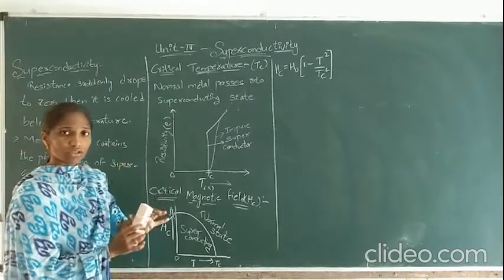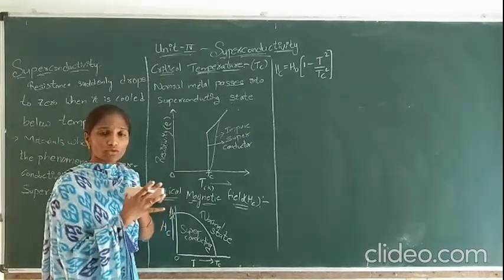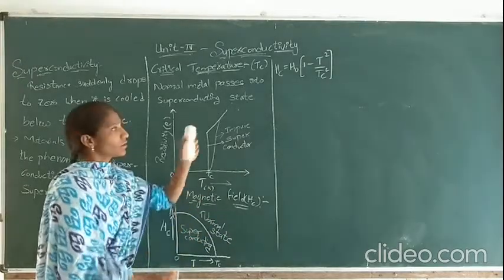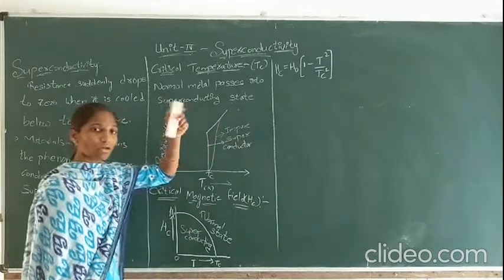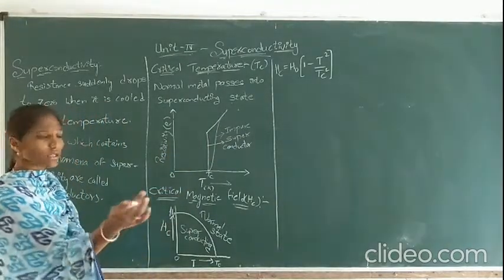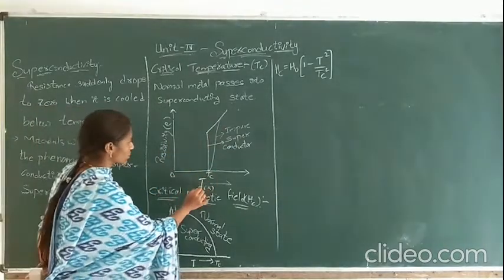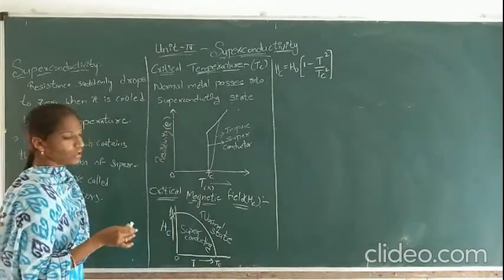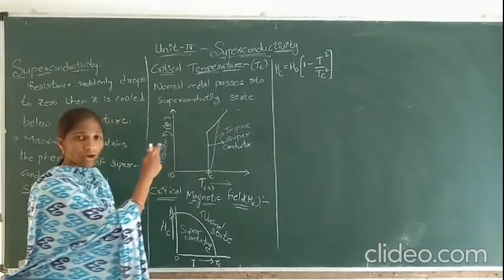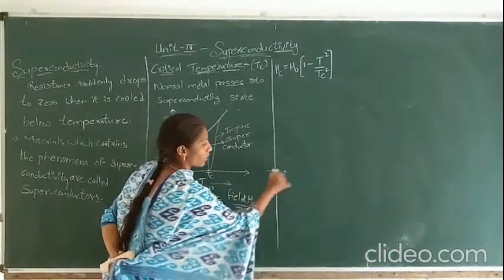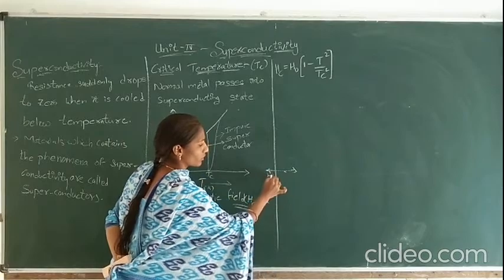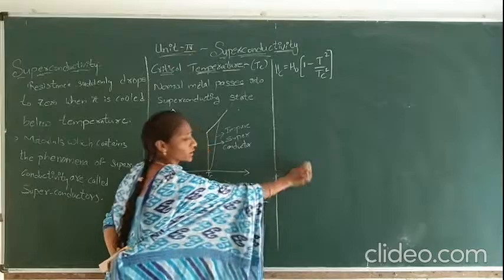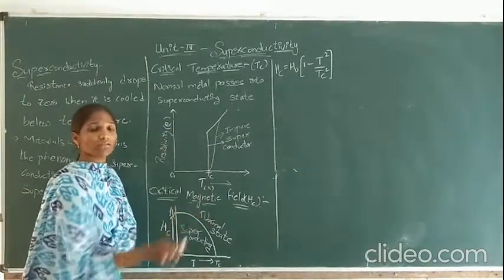Let us consider a graph between the temperature T and the electrical resistivity rho. At a certain temperature, the normal conducting material behaves as a superconducting material.